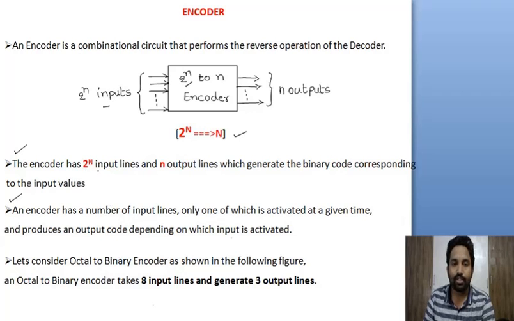The encoder has 2 power n input lines and n output lines, which generates the binary code. This is an important point: the encoder generates the binary code corresponding to the input values.